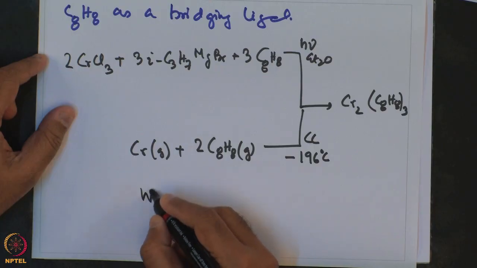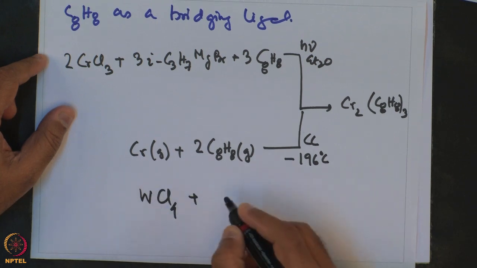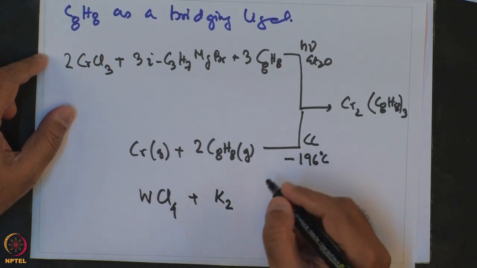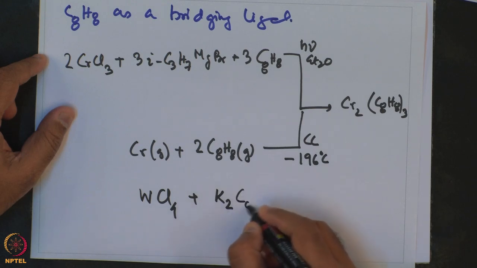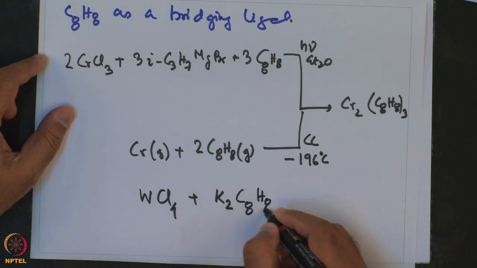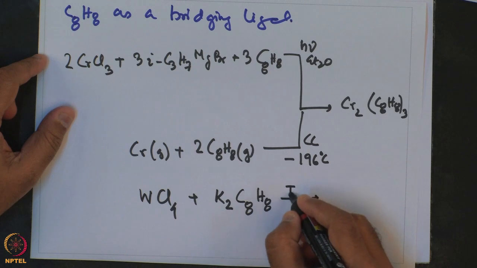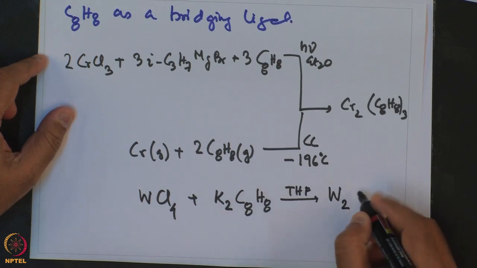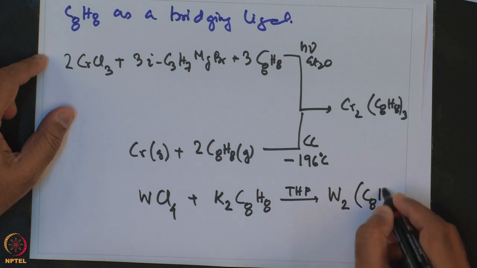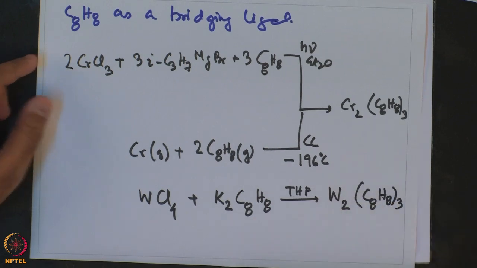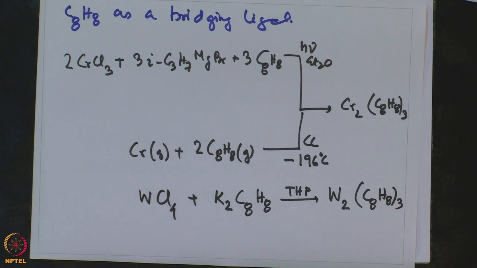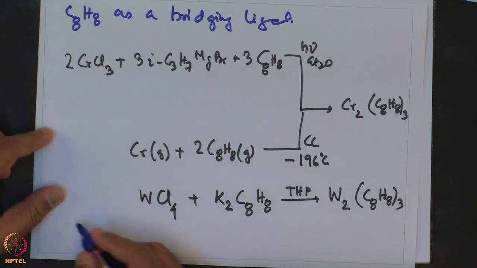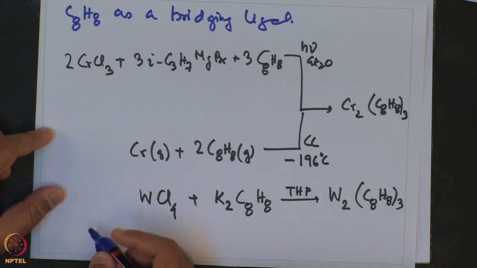So, WCl4 plus K2C8H8 in presence of THF would give W2(C8H8)3. Now, here C8H8 acts as a bridging ligand between the two metal centers.